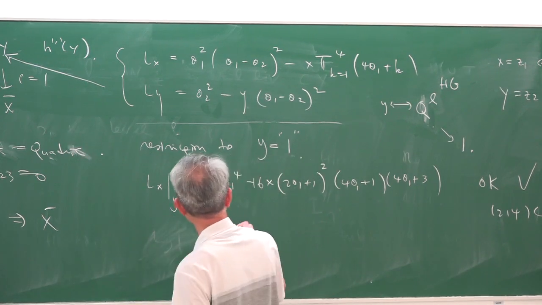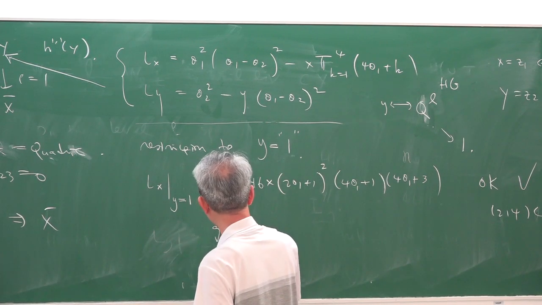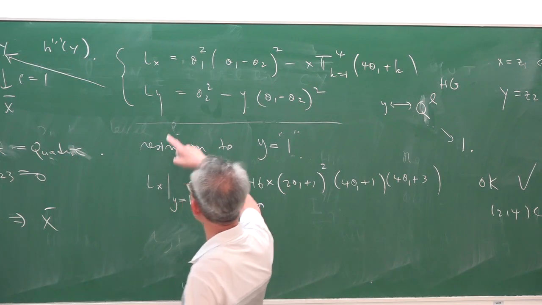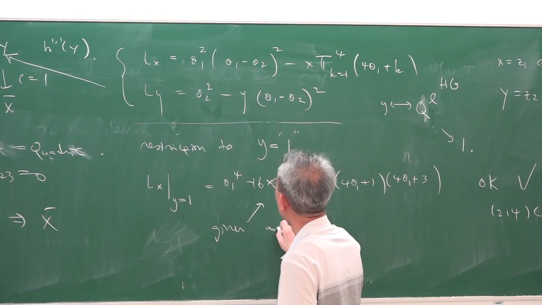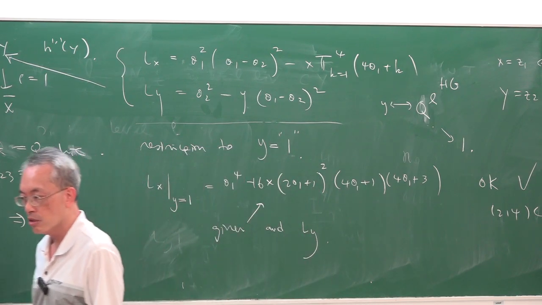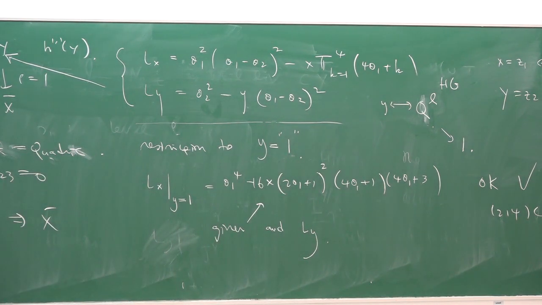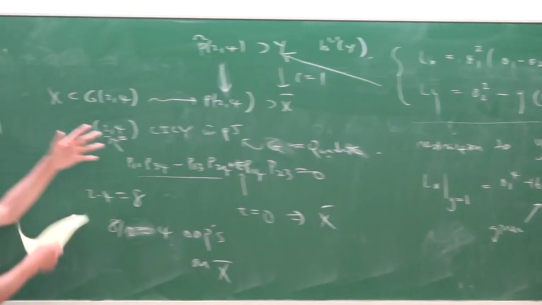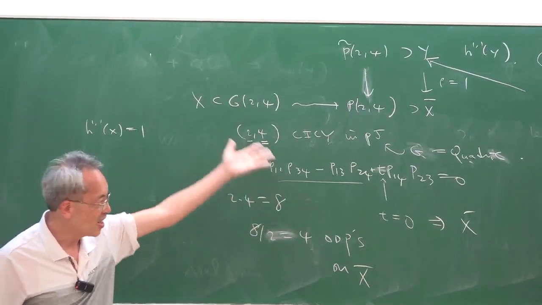So suppose you are given this, and Ly. So the condition is, you already have the downstairs thing. Of course, you know that one.